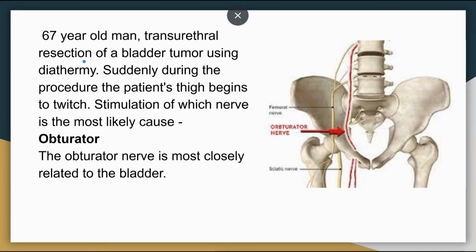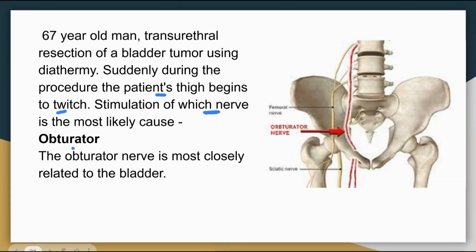A 67-year-old man, transurethral resection of the bladder tumor is being carried out, and during the diathermy, there is a sudden movement of the patient's thigh, so that it starts to twitch, or there is a kick-like movement from the patient's end while being sedated. So stimulation of which nerve is going to result in this pathological sign or clinical picture?